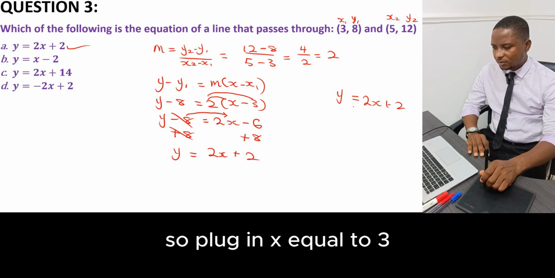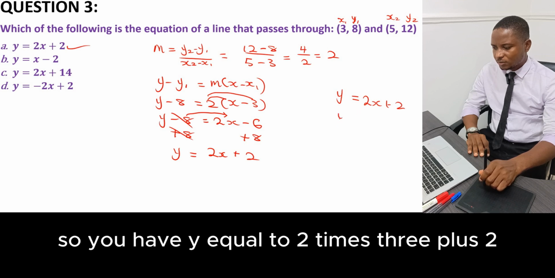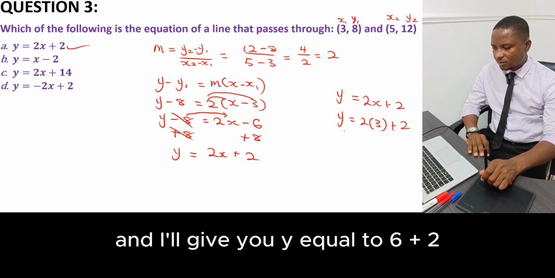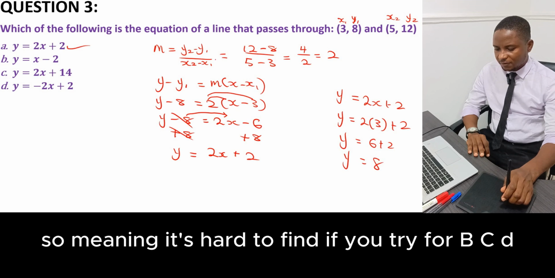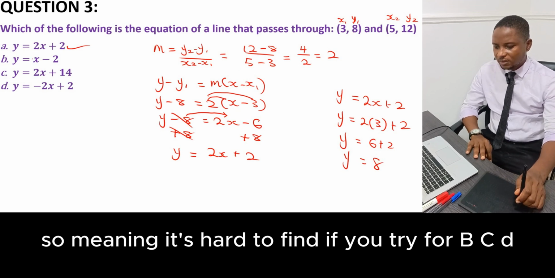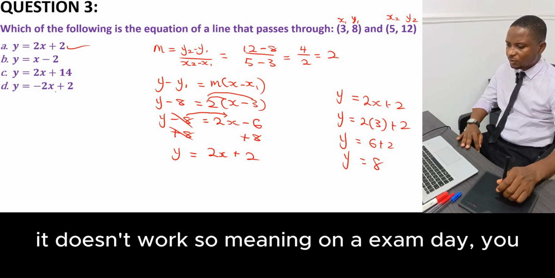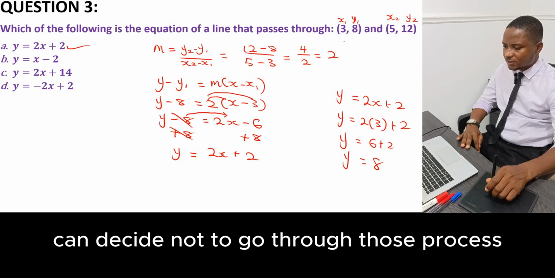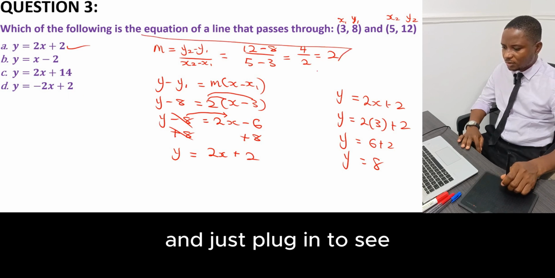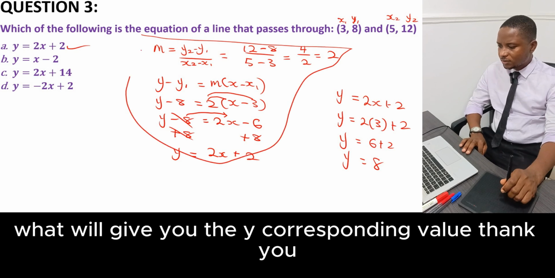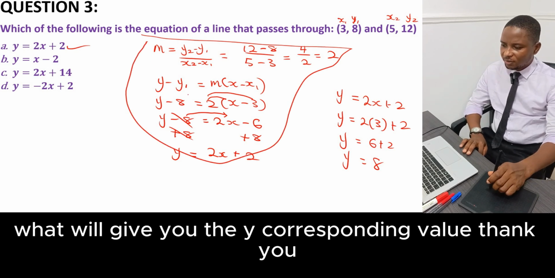Plug in x equal to 3. So you have y equal to 2 times 3 plus 2, which gives y equal to 6 plus 2, and that's y equal to 8. So it satisfies. If you try B, C, D, it doesn't work. So on exam day, you can decide not to go through this process and just plug in to see which gives you the corresponding y value. Thank you.